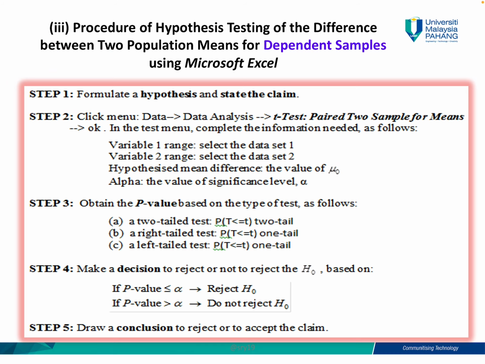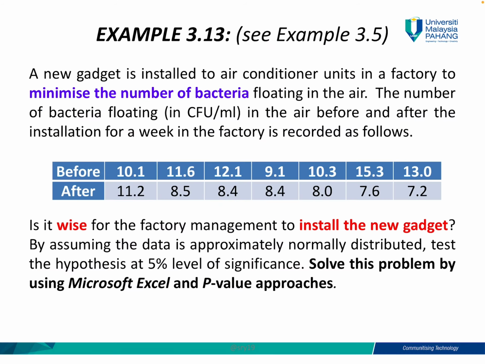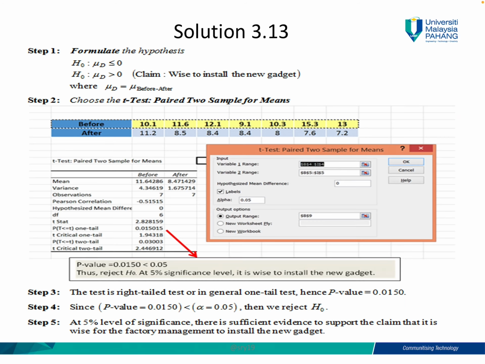Okay, this one is for hypothesis testing for dependent samples, the procedure for the Excel. Okay, so this one is the same. Step number 1, your hypothesis. Step number 2, you want to calculate the p-value. So the p-value here is 0.0150 and the alpha is 0.05. We reject H null.